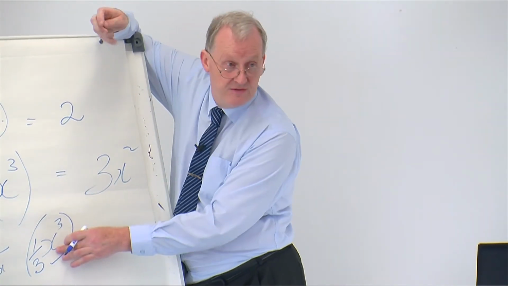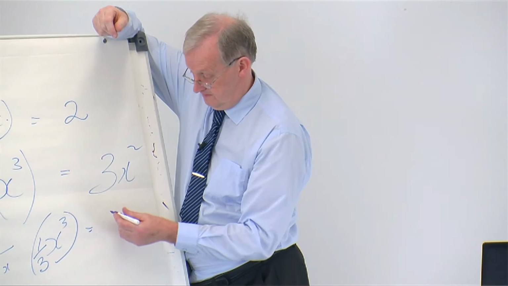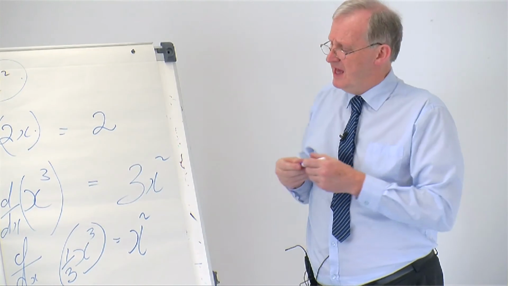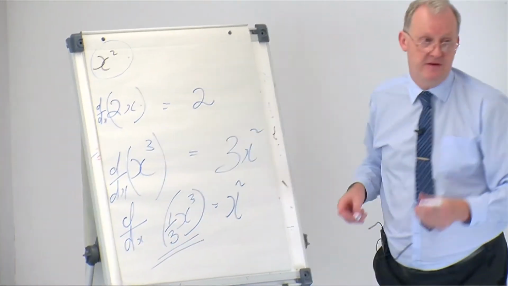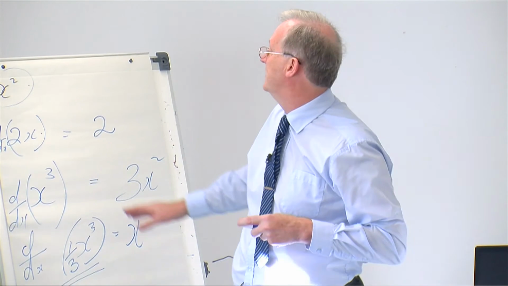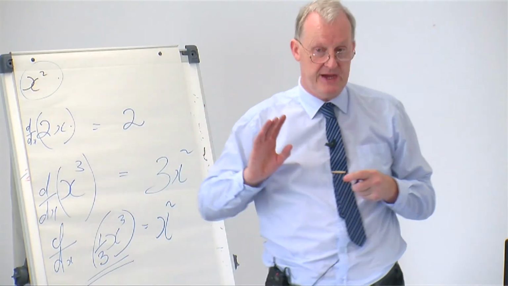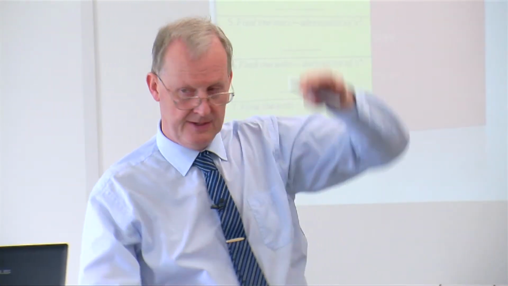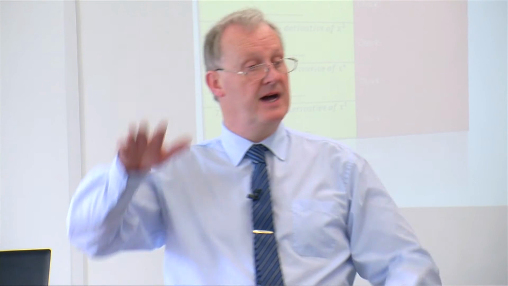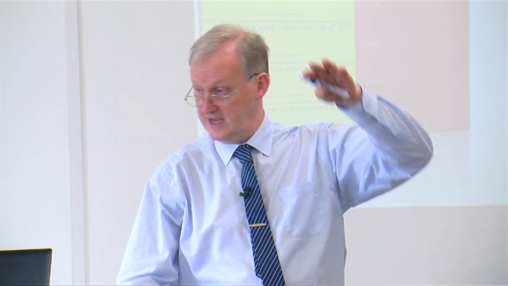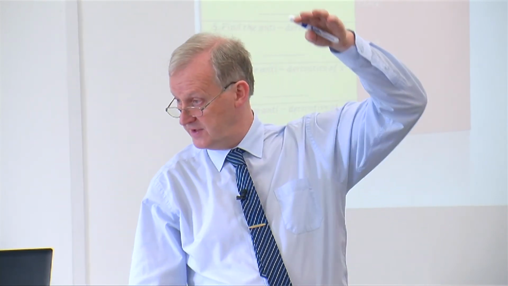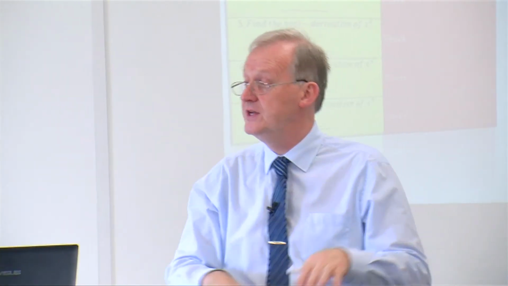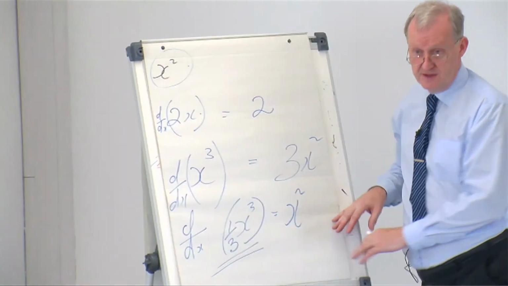Is that the right antiderivative for x squared? Is that the perfect antiderivative for x squared? It's not, because as you say, there's an infinite family of vertically shifted functions, all of which would give x squared.